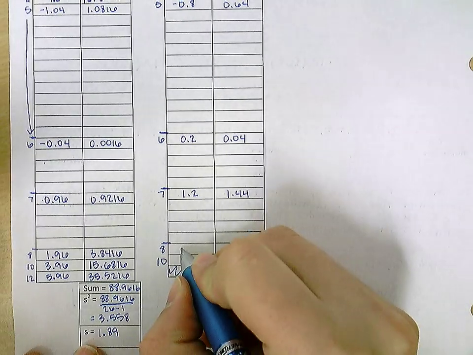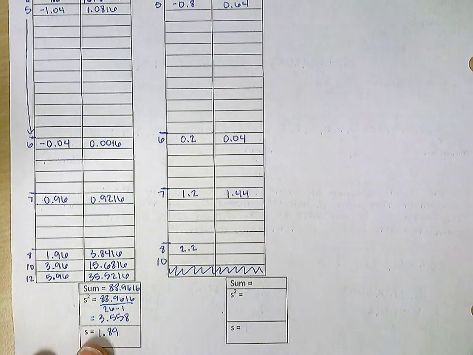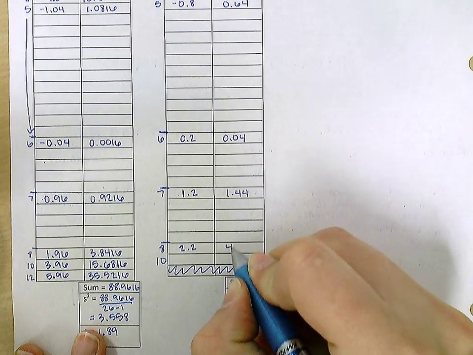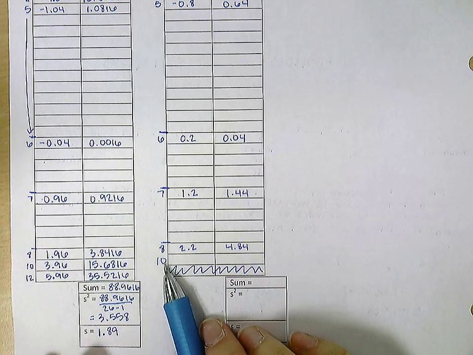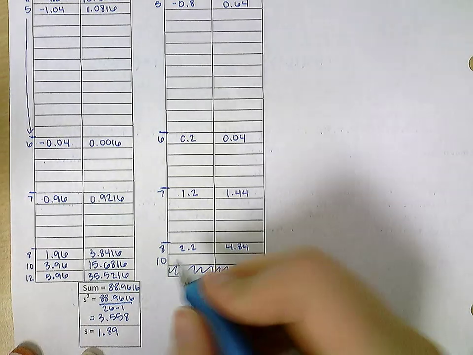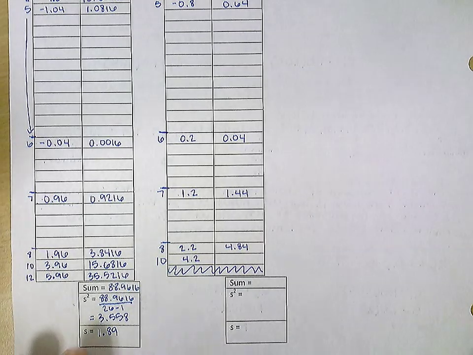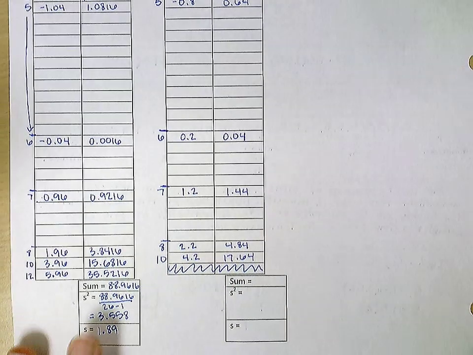So 8 minus 5.8 is 2.2. Square 2.2. That's 4.84. Then 10 minus 5.8 is 4.2. 4.2 squared is 17.64.